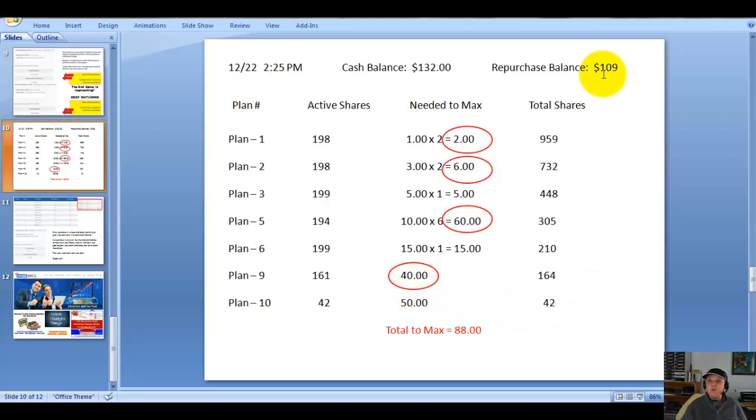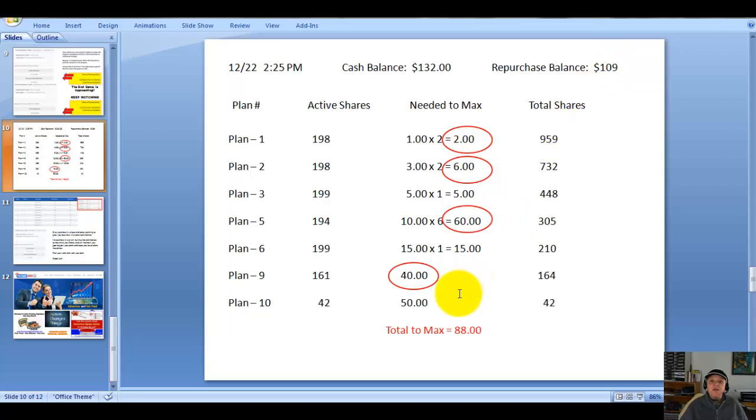I don't want to leave $21 here in this repurchase balance. So that's not the way I'm going to do it. I'm not going to max out all of these lower plans and sacrifice that $21, leave it sitting until I can come back and spend it. I want to maximize all of this $109 right now.